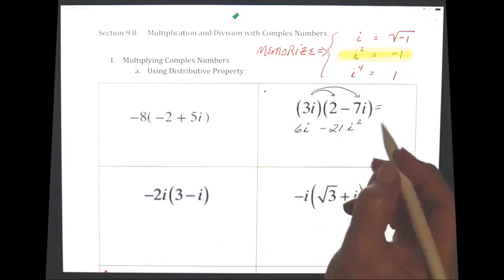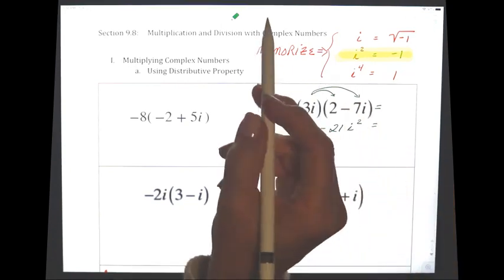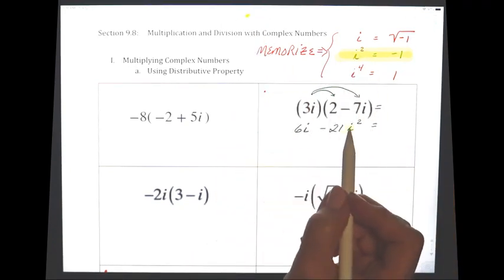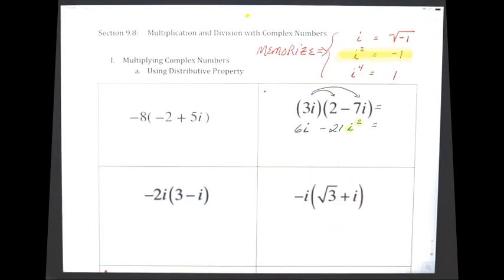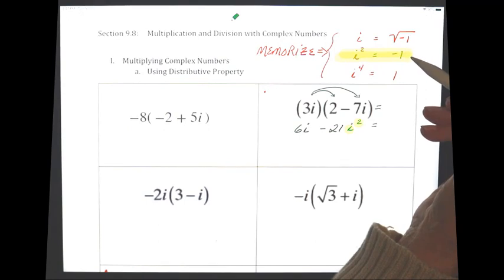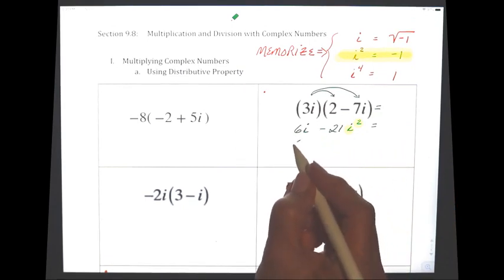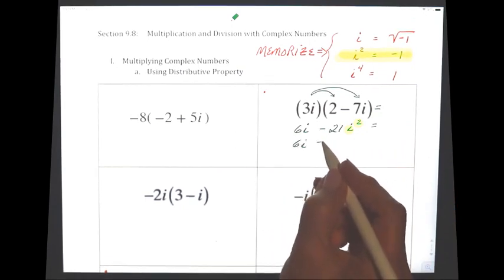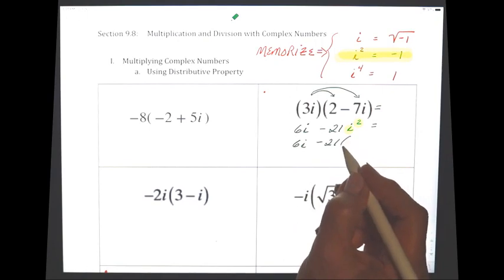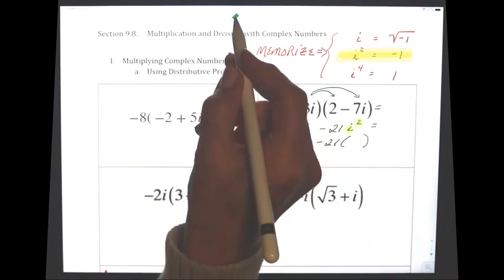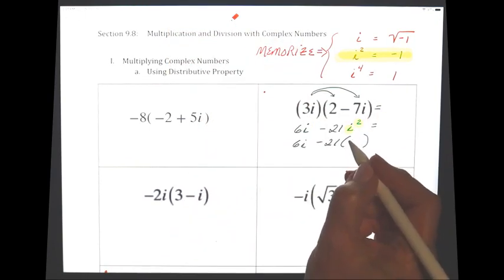Now, you can't stop at that point, because remember we have this piece here of i squared, and up at the top of the screen it says that i squared is equal to -1. So you're going to see me go one step further and replace this i squared with -1. So I'm just copying down the 6i, copying down the -21, and then replacing i squared with -1.